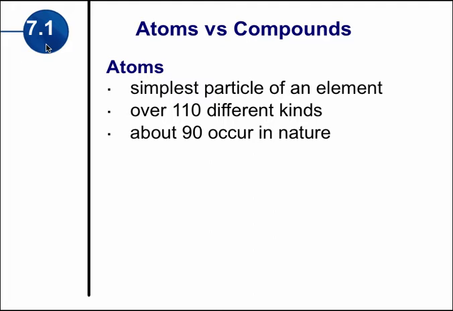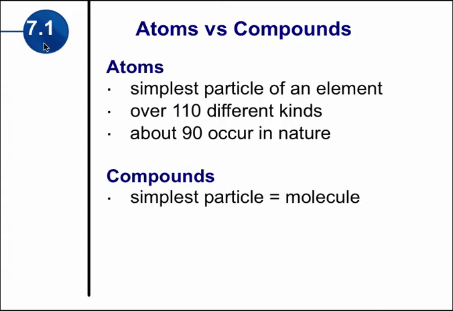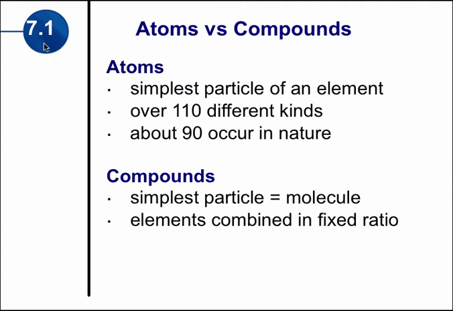And that's basically the first 90 or so on the periodic table, where they occur naturally in nature, either in the earth or in the atmosphere. A compound, though, the simplest particle of a compound isn't an atom, but it is a molecule. We combine some elements together in a fixed ratio, and these combined elements in a fixed ratio create a molecule.